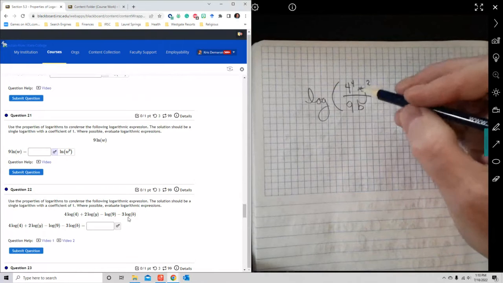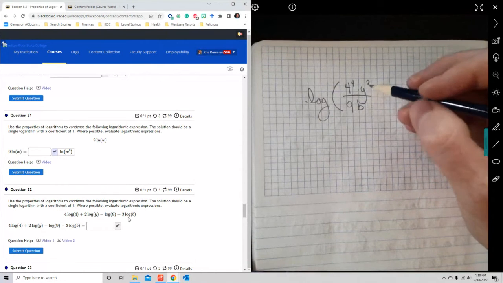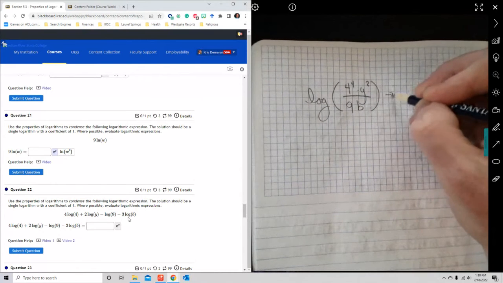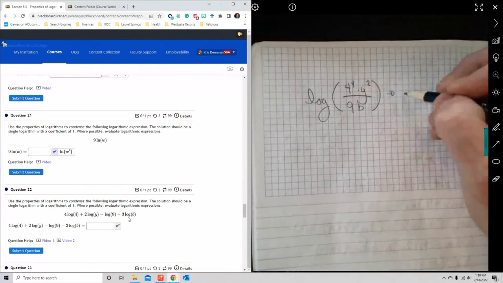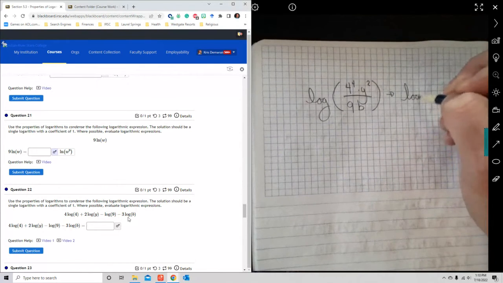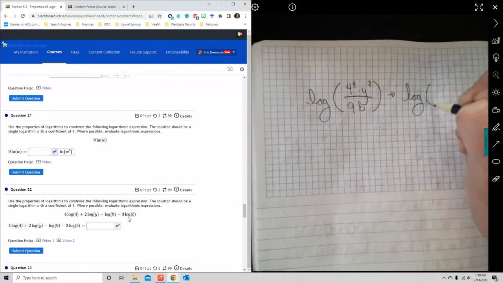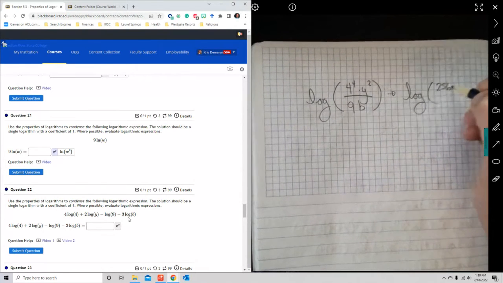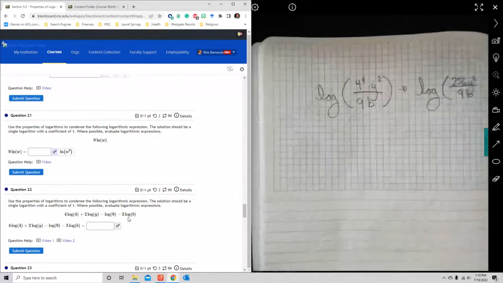Because both of them have negative signs, I know that they're both in the denominator of my condensed form. So I can put my answer as the simplified version. This is 256 if you just take a calculator and multiply it all out. So we're going to do 256 y to the 2nd, all divided by 9b.